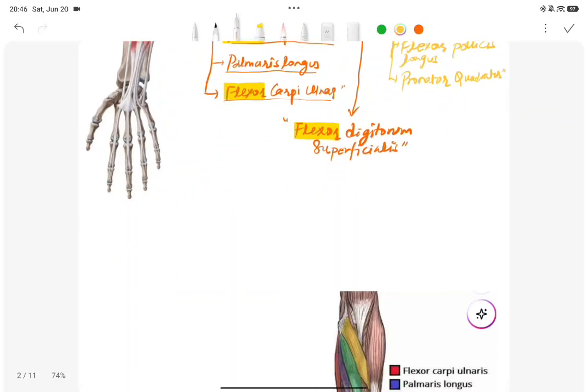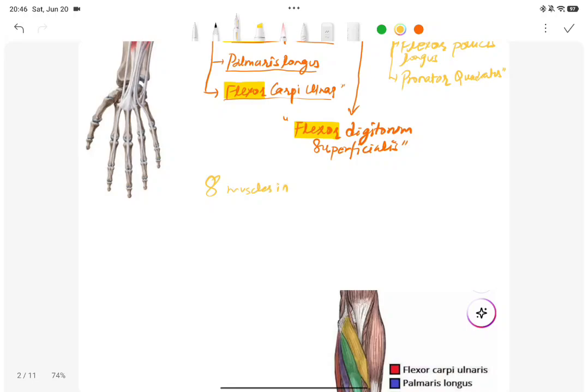There are altogether 8 muscles in the anterior compartment of the forearm, among which 4 are superficial, one intermediate and 3 deep. So 4 plus 1 plus 3, altogether 8 muscles.